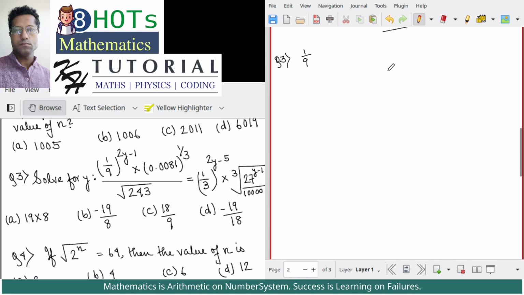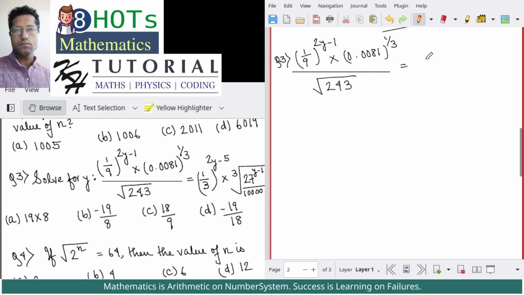So we have 1 by 9 whole raised to the power 2y minus 1, multiplied by 0.0081 whole raised to the power 1 by 3, and this whole divided by square root of 243.